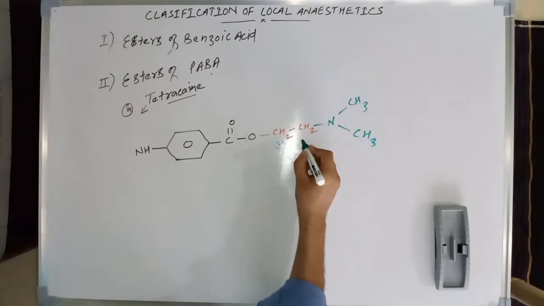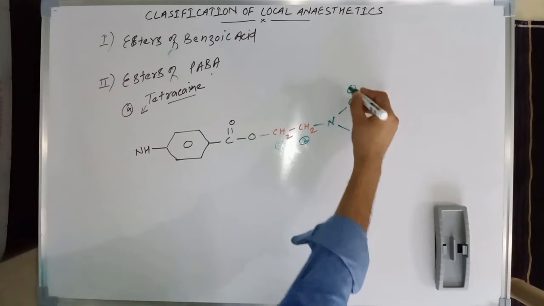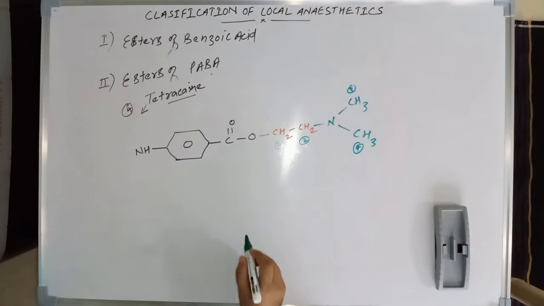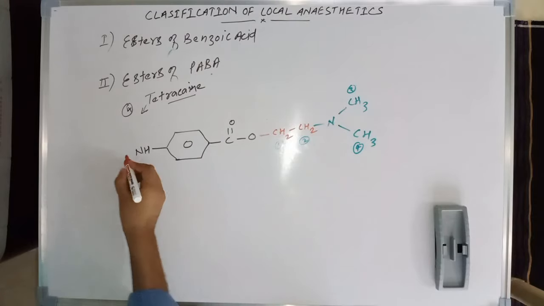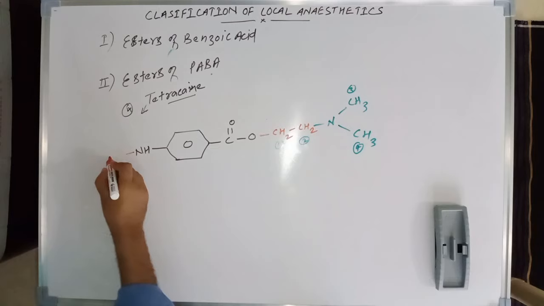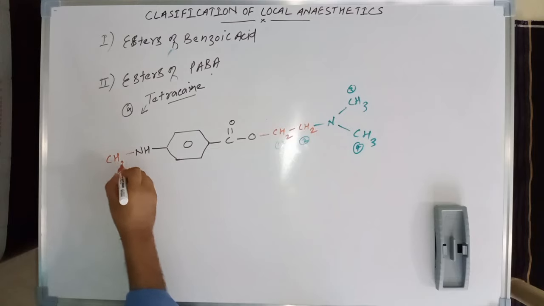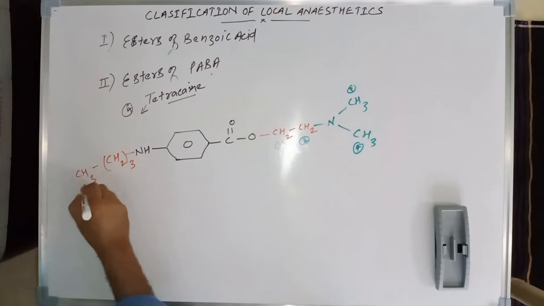So 1 carbon, 2 carbon, 3 carbon and 4 carbon. So this is tetra. But again here, CH2 whole thrice, CH3.